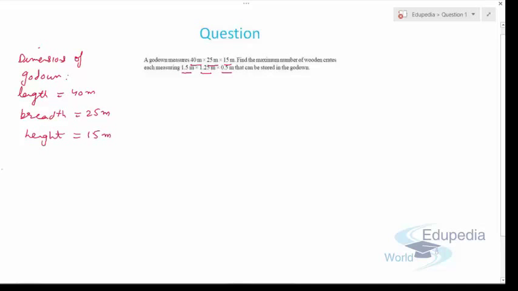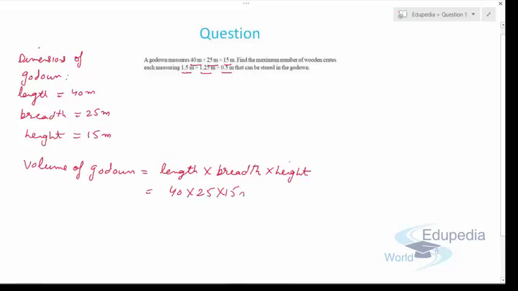Now the volume of godown will be equal to length into breadth into height. So this will be 40 times 25 times 15 meter cube. So this is the volume of godown.